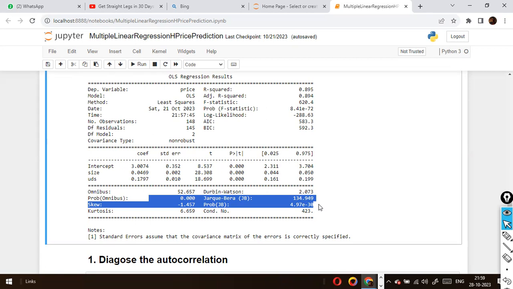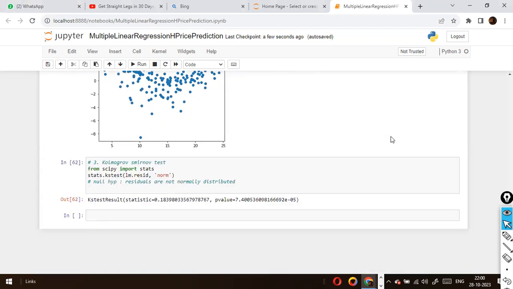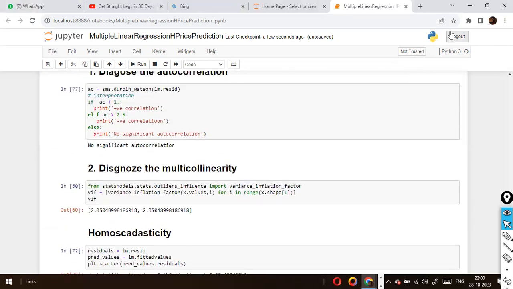It helps us assess whether at least one independent variable has a non-zero coefficient, or overall how well my model performs. With the probability of the F statistic, we can decide how well my model performs with all the given independent variables. Got it, guys? Any questions? Okay, next one.